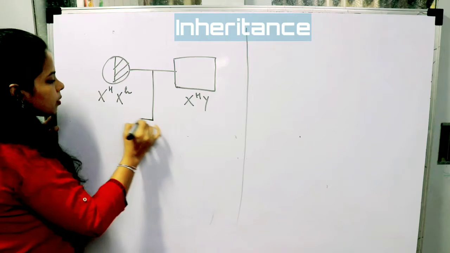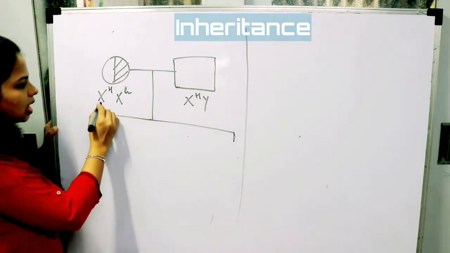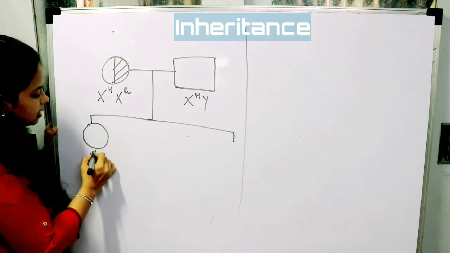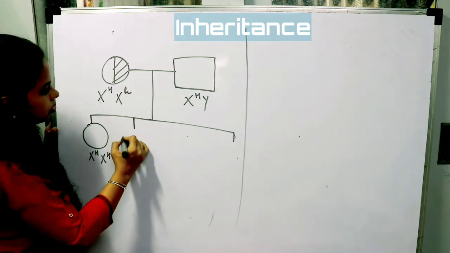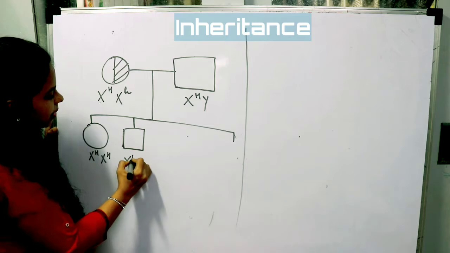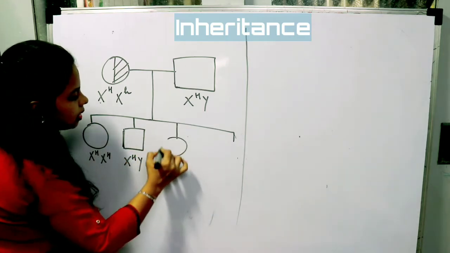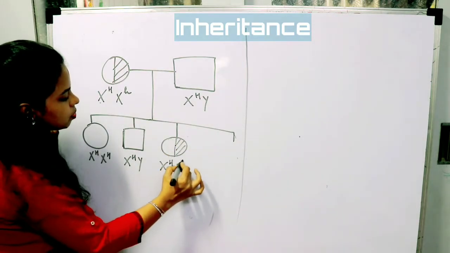Now what are the outcomes here? The first outcome is a normal female, X capital H X capital H. The second outcome is a normal male, X capital H Y. The third outcome is a carrier female, X capital H X small h.